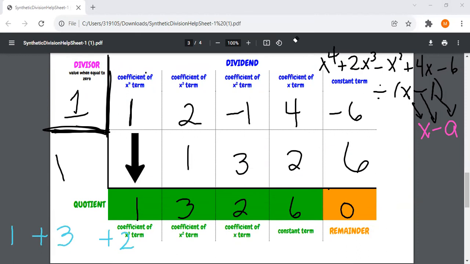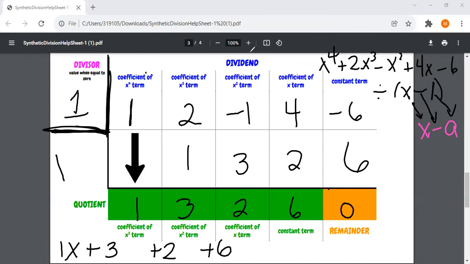Oh no, getting a little messed up there. This thing is nice, but I don't have enough space for it all. Okay, let's try this again. Let's do 1 plus 3 plus 2 plus 6. Okay, but now I need to have an x.